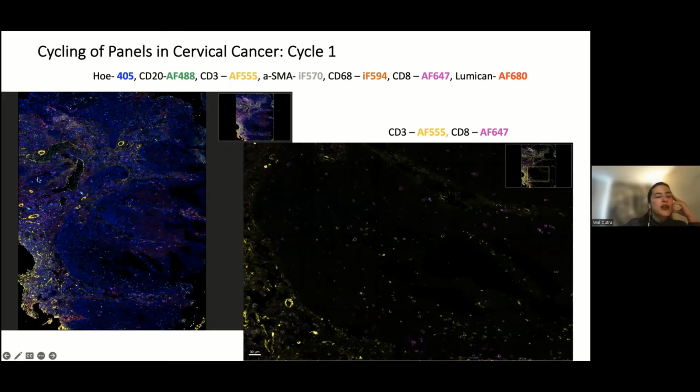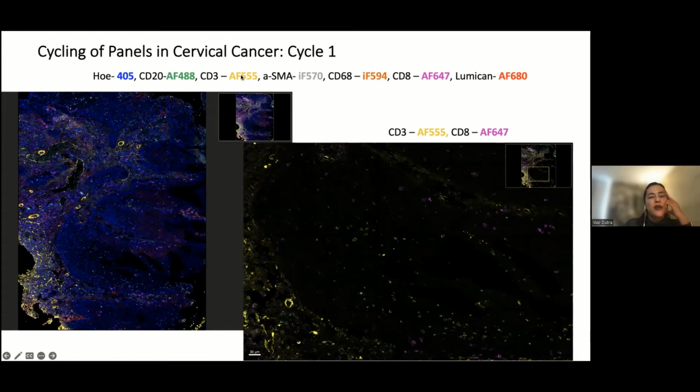So you see an interesting point that I want to show to you here is that we used the same color or the same spectra for 2 different molecules. In this case here, CD3 with Alexa Fluor 555 and anti-SMA, which is a marker for vessels, with IF 570.